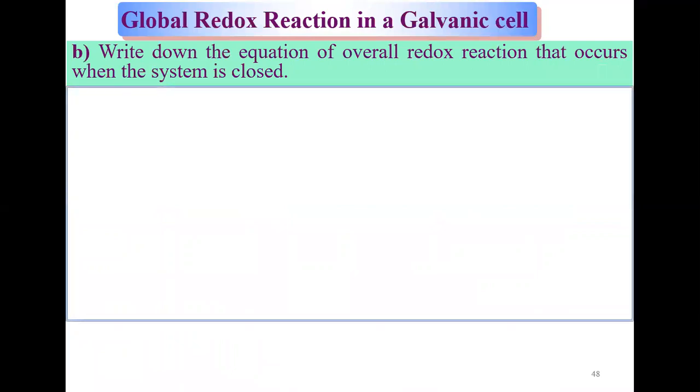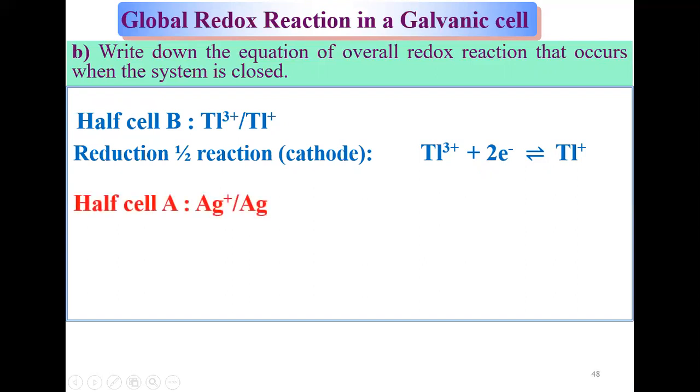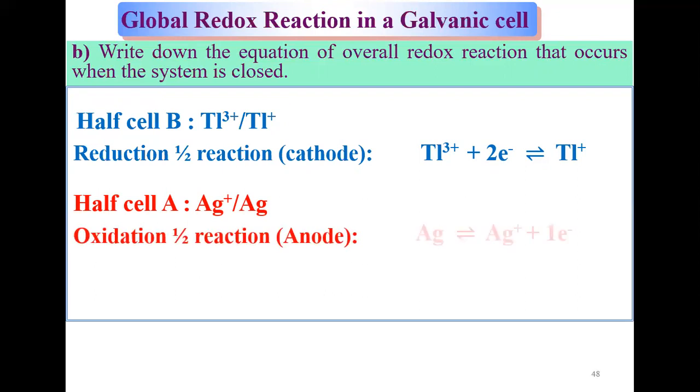Okay, so write down the overall redox equation. Well, we already know that on the reduction side, we have the tellurium, half cell B, which occurs at the cathode, and therefore write the reaction as a reduction. On half cell A, we have the oxidation where it's the Ag couple, and write that in the form of an oxidation reaction where the electrons are on the product side.